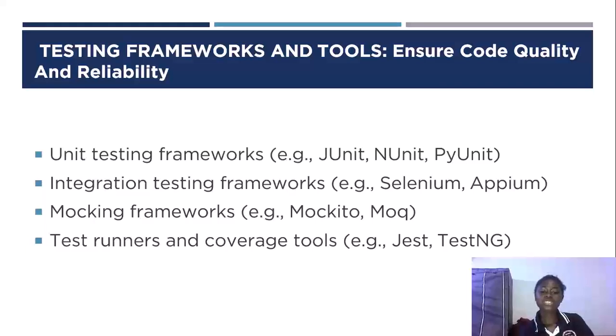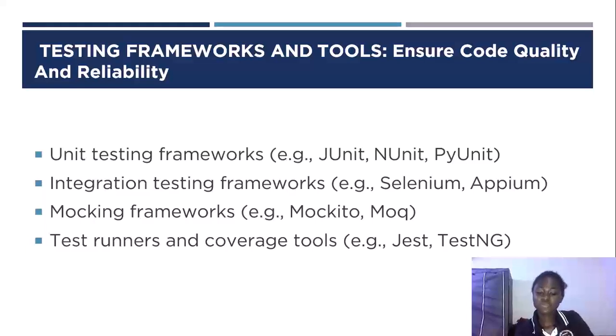Two is integration testing frameworks. An integration testing framework is also a set of tools that help developers to write, run, and manage integration tests for their code. Examples are Selenium and Appium. Three is mocking frameworks.